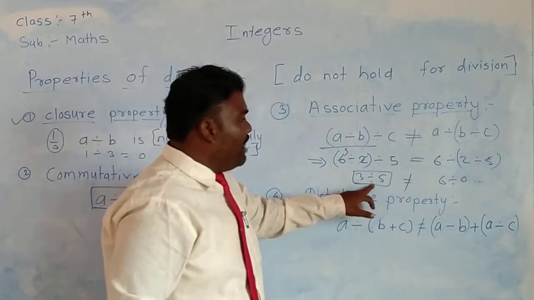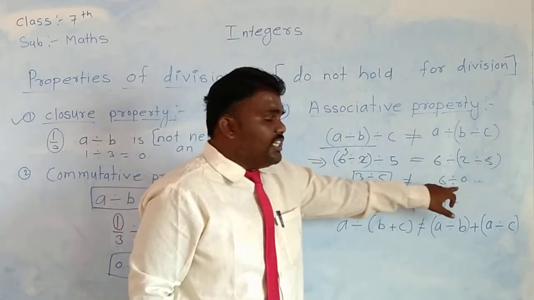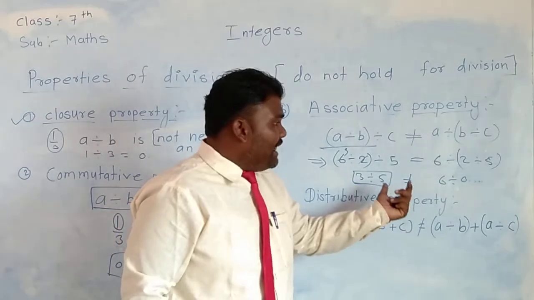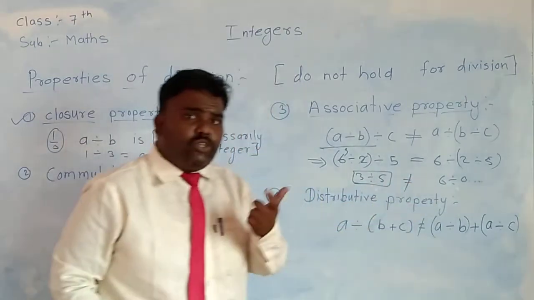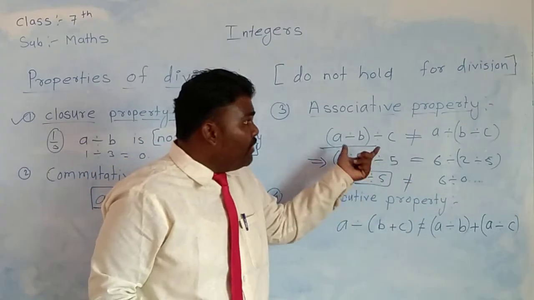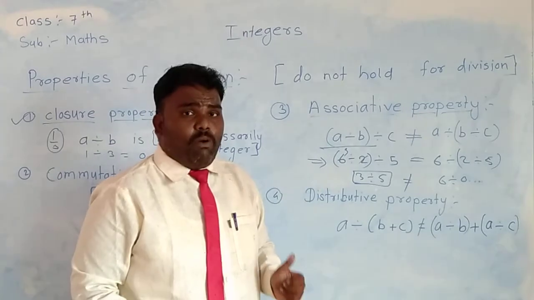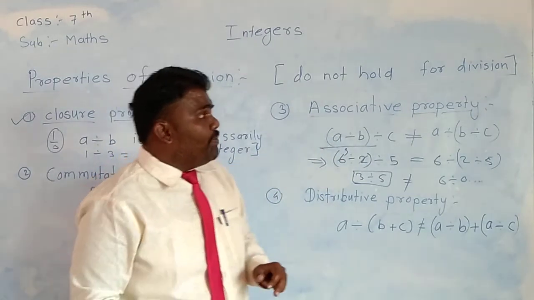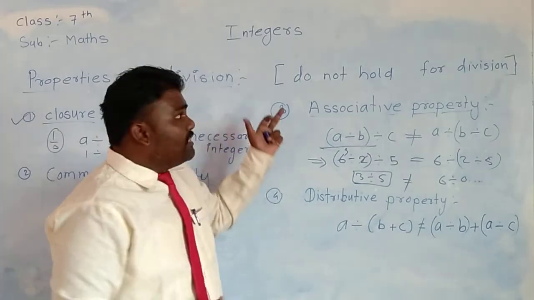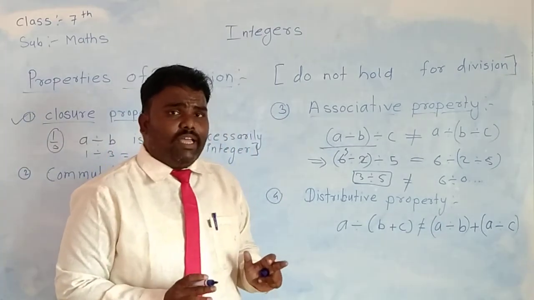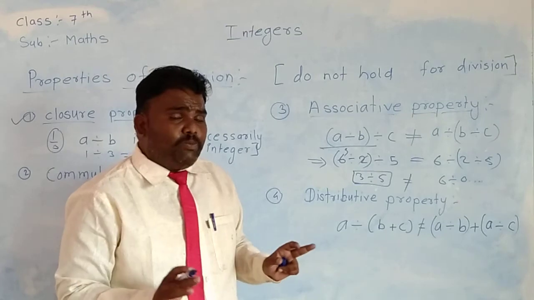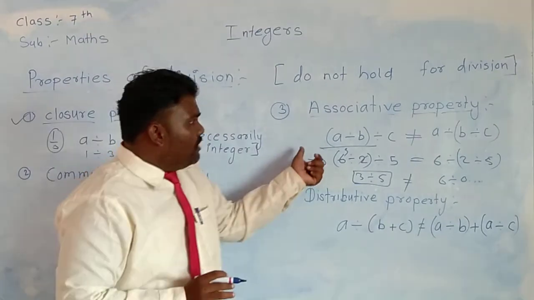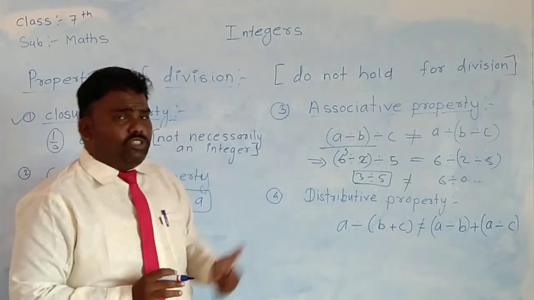Just because of that we are saying this is not equal to that one. In both cases the answer should be the same, but this is not happening in the associative property. Associative property doesn't satisfy division. So this is all about the associative property.